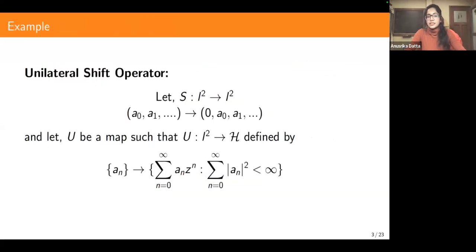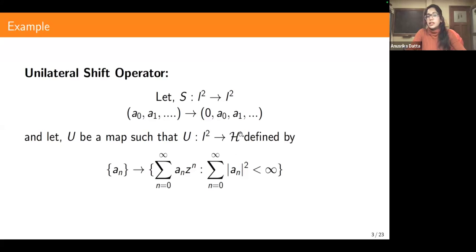First consider the unilateral shift operator, where we are shifting our coordinates by one position. So we have a0, a1, and so on, with all the coordinates, and we are just shifting that, taking the first coordinate as 0. And then we consider a map U from L2 to a Hilbert space.